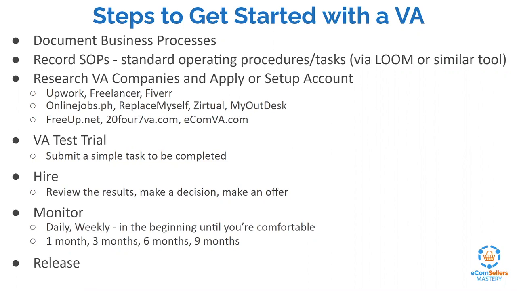On Fiverr, you can probably find some decent people, but just be mindful of what work you want to give them, because these are gig workers. That means they're doing a quick gig and getting paid and they've moved on. So you definitely need to have a good Loom video and a good document for them to review before they start, or give them very detailed instructions on what you want them to do.